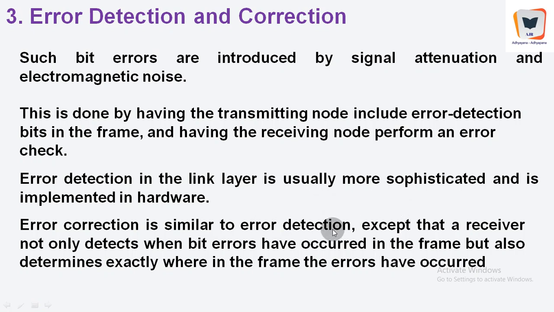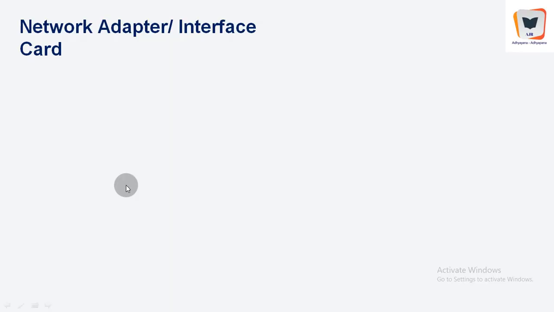Error correction is similar to error detection, except that a receiver not only detects when the bit errors have occurred in the frame, but also determines exactly where in the frame the errors have occurred. Often after identifying this, the corrections will take place, and if the errors are not correctable, then the sender will be intimated to retransmit the frame.